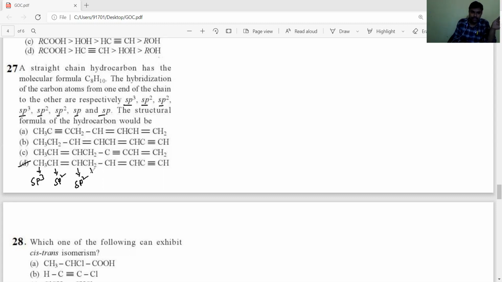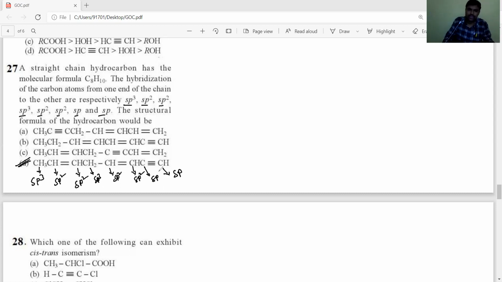Now it is single bonds only, then again sp3, sp2, and again sp2, and this is sp. See the given sequence: sp3, sp2, sp2, sp3, sp2, sp2, sp and sp. So the answer is D option.